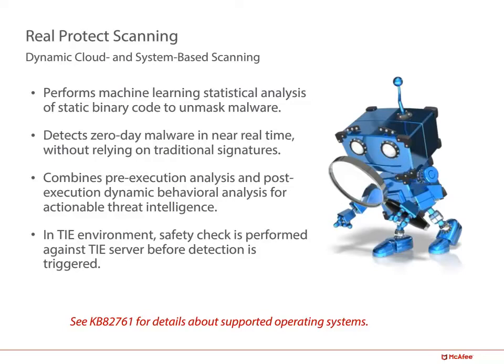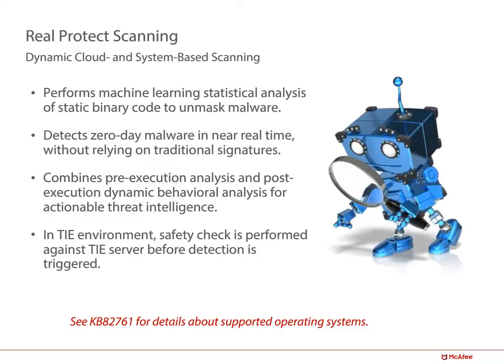The static query sends the static attributes about the file over HTTPS, and if the file is detected in step 1 or 2, ENS performs a GTI query with the hash of the sample over the representational state transfer, REST. This is a safety check to prevent false positives by querying the McAfee GTI whitelist. In a TIE environment, ENS performs the safety check against the TIE server before the detection is triggered.